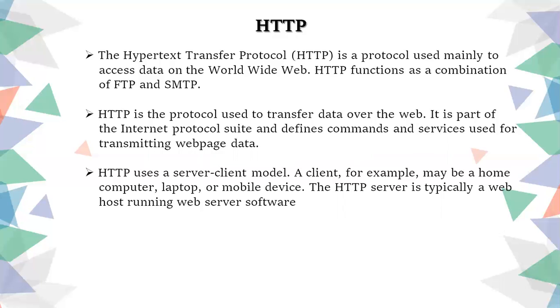It has some methods and some ports. It has a request format, a packet format, a header, and how it looks, and how to send data from one protocol to another layer. So hypertext transfer protocol is used mainly to access data on the World Wide Web. The World Wide Web uses the protocol called HTTP to get the data present in web pages.